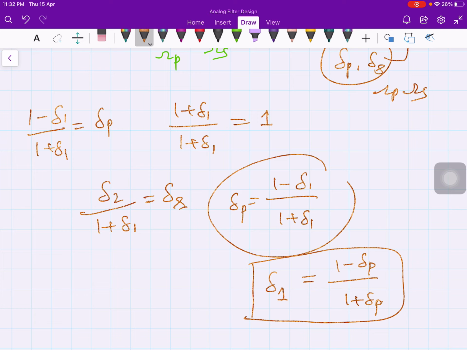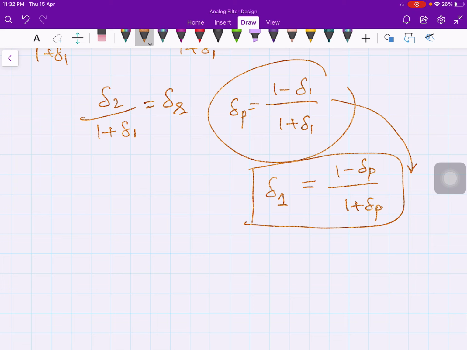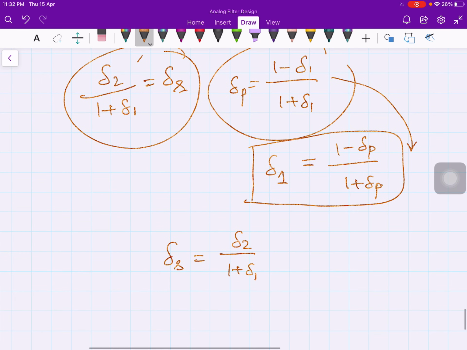And delta S is equal to delta 2 divided by 1 plus delta 1. So delta 2 also you have to express in terms of delta 1.